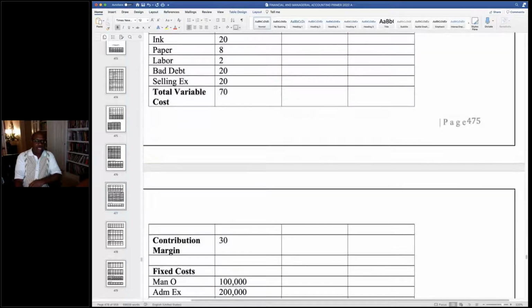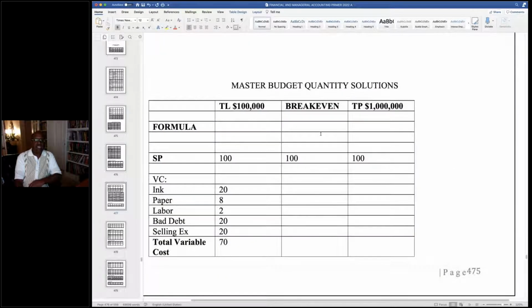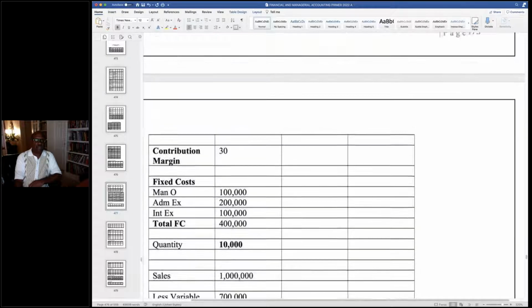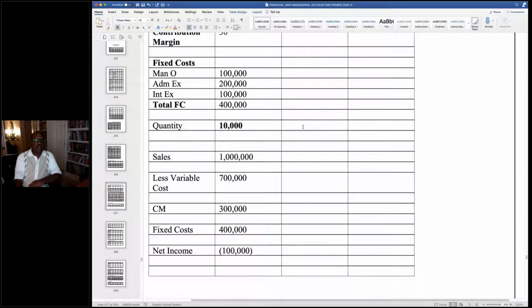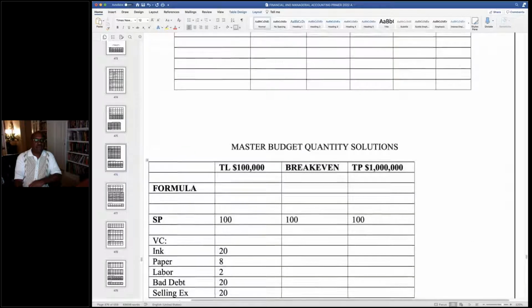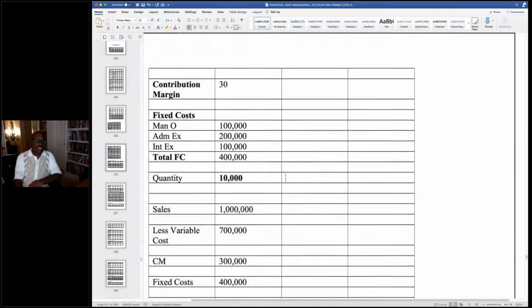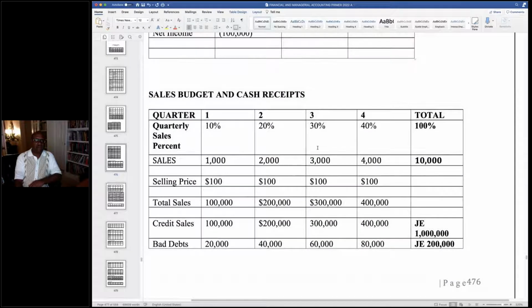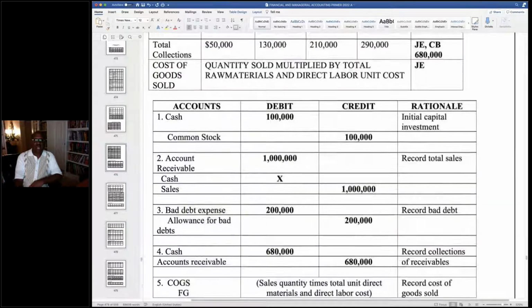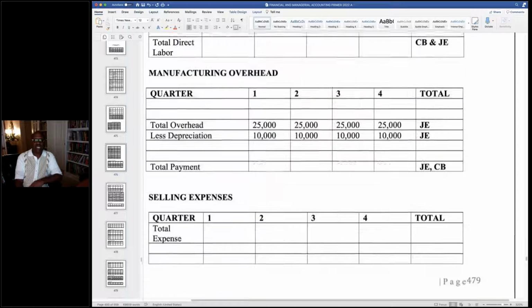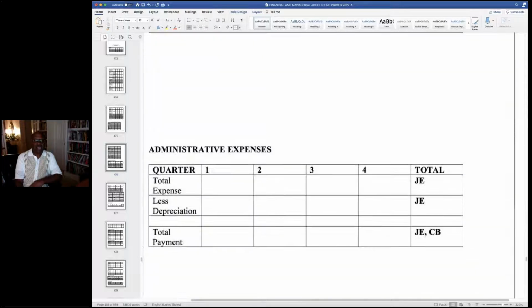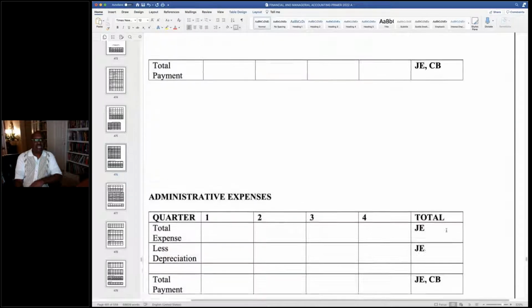So what you might do is come in here and do the break-even year and come up with a quantity. Then realize that 10% of that quantity would drop. Where's your reduction budget at? Did I skip past it?